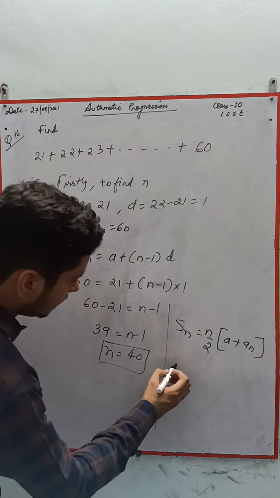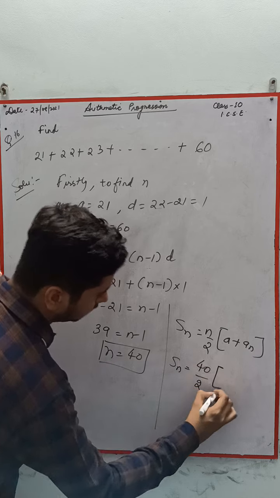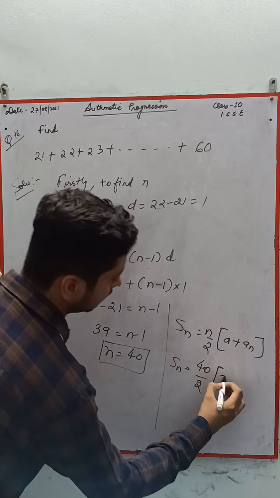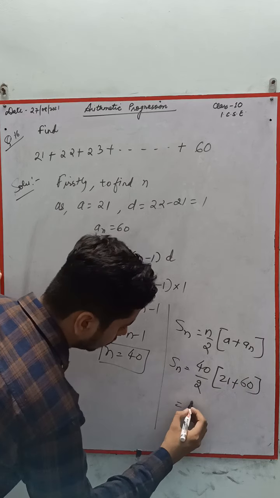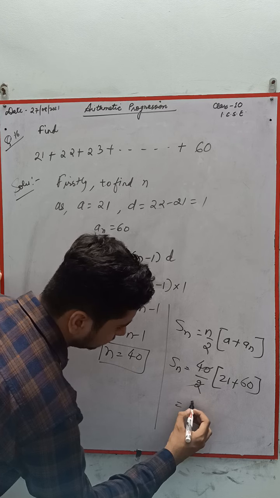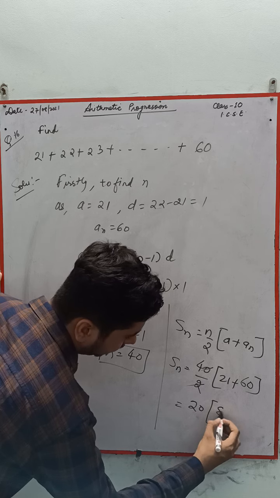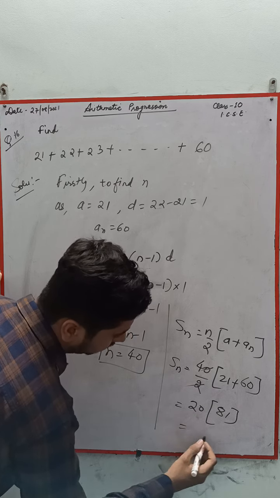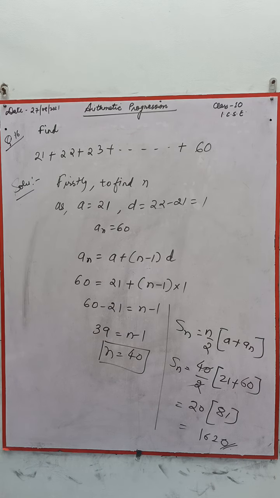So Sn, in place of n, 40 upon 2 bracket a is 21, an is 60, the last term. With this 2, 40 is cancelled, we are left with 20 bracket 81 into 20, you will get 1620. This is the answer.